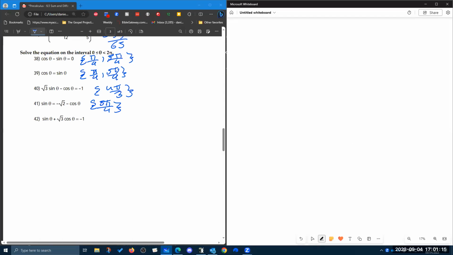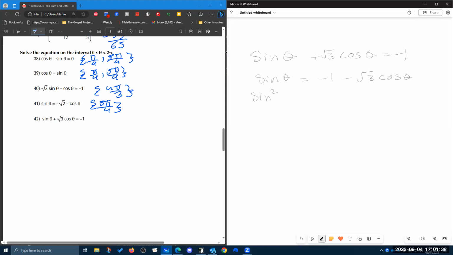Now let's try this last one. Remember, I want to get sine and cosine on opposite sides when I'm doing this. Sine theta is -1 minus root 3 cosine theta.